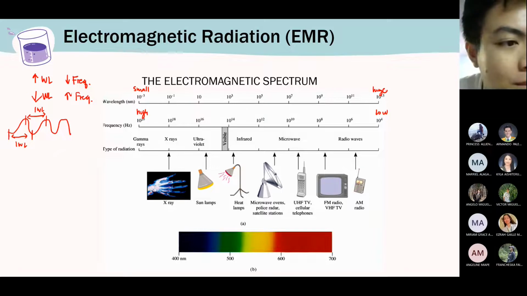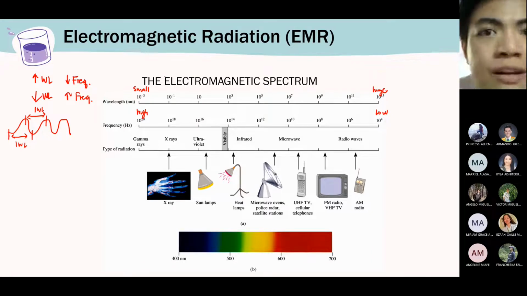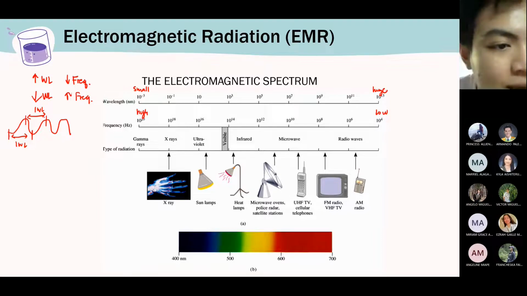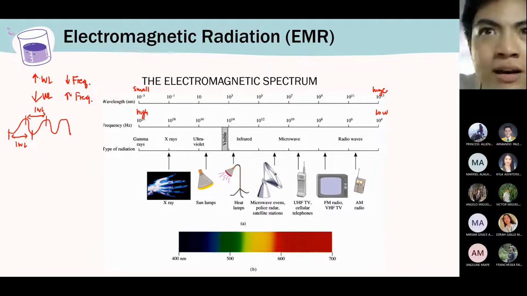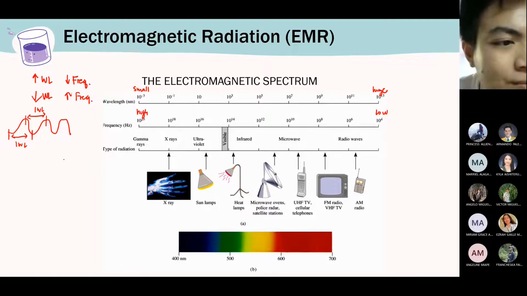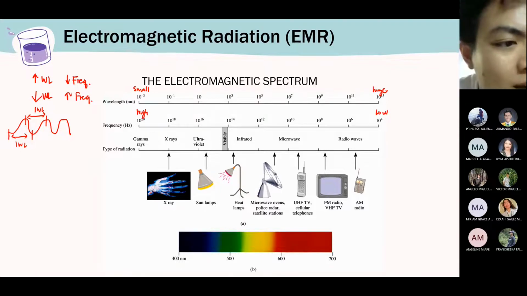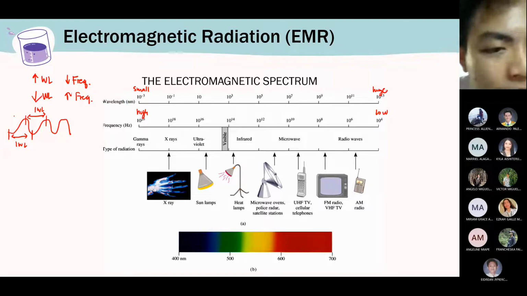Some wavelengths are very small, even reaching atomic size, and other wavelengths are very huge, as I said earlier, with distances in kilometers. So that's the wavelength, the distance between consecutive oscillations of energy. The distance between two peaks or two troughs is the wavelength.